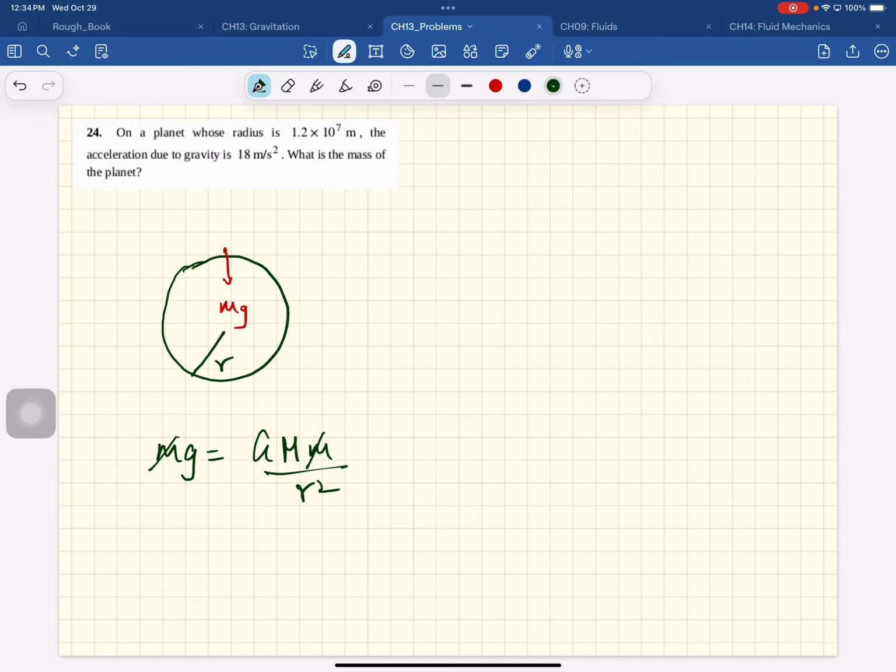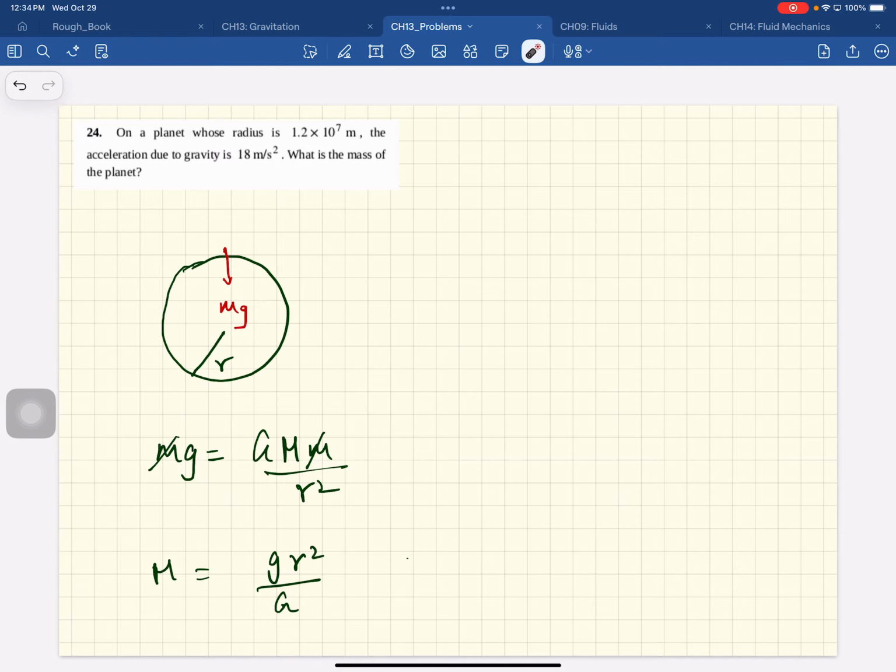So in this problem, you want to find the mass of the planet. The mass of the planet is g times r squared divided by the universal gravitational constant. In the problem, they give you g, they give you the radius, and we know this constant.